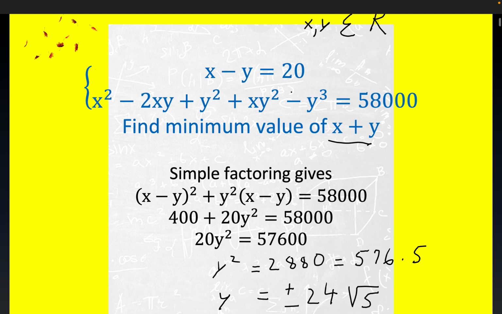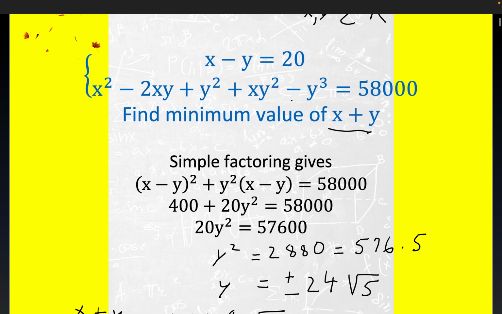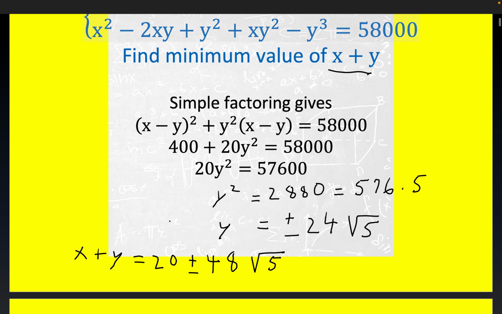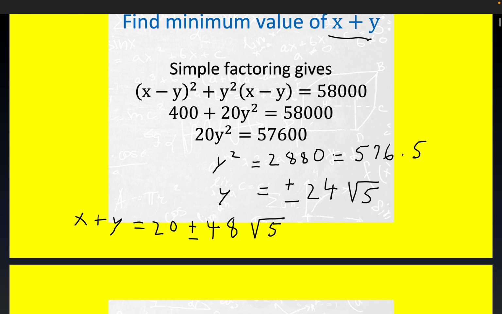In other words, again, we have x minus y right here, so if you add 2y to both sides, you get x plus y, and that's where this comes from. Okay. Now we were asked to minimize. Now this is kind of anticlimactic because there's only two values, right? There's nothing to select from here. So of course we're going to pick the minimum value to be 20 minus 48 root 5.